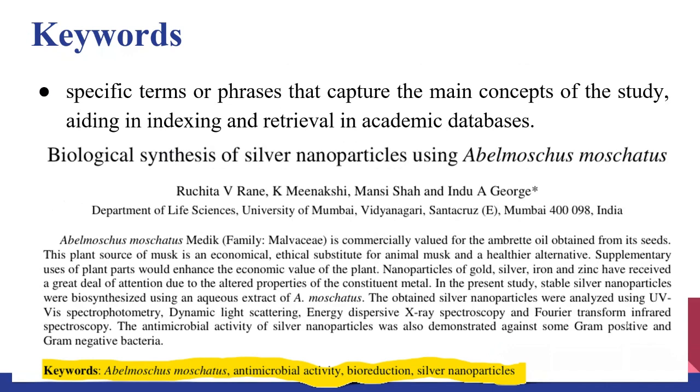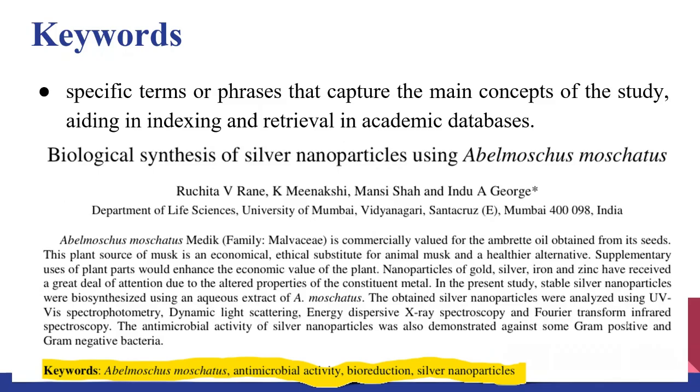Here are some tips for selecting effective keywords. Choose terms that are directly relevant to the study's primary focus areas. Include key concepts and the main variables or subject areas. Use commonly accepted terms in your respective field.